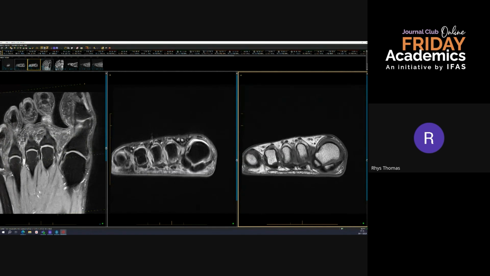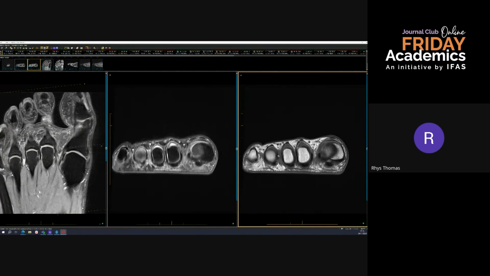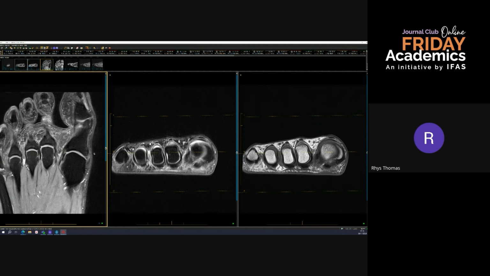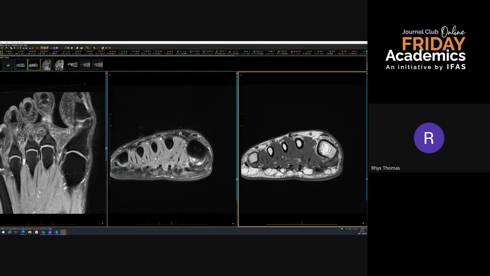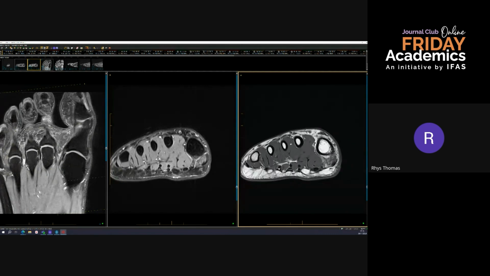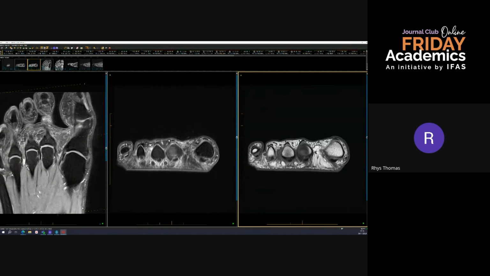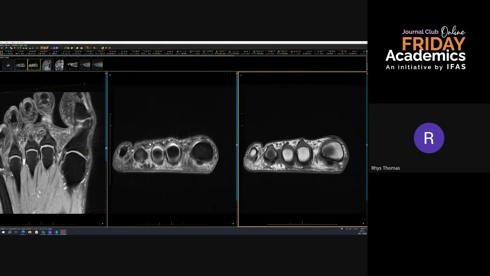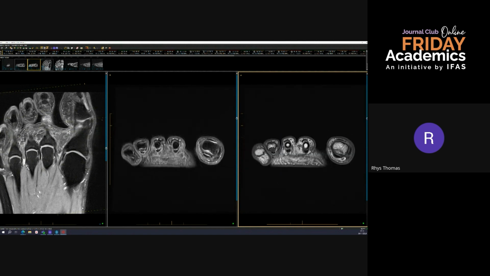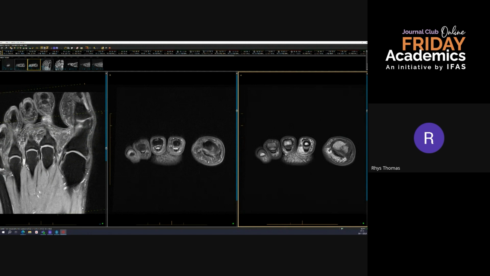So a Morton's neuroma of the interdigital nerve with a small amount of bursal fluid. But again, much like the previous talk, high quality, small field of view imaging is essential here with a specific question, so we can hopefully do the best test that will give you an answer if you haven't got one on ultrasound.